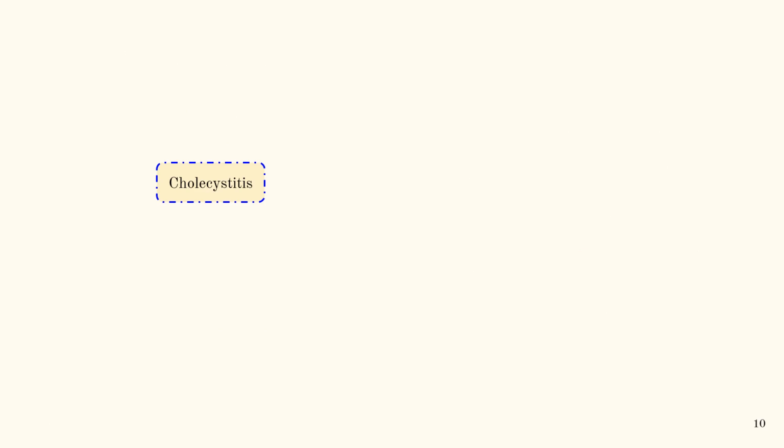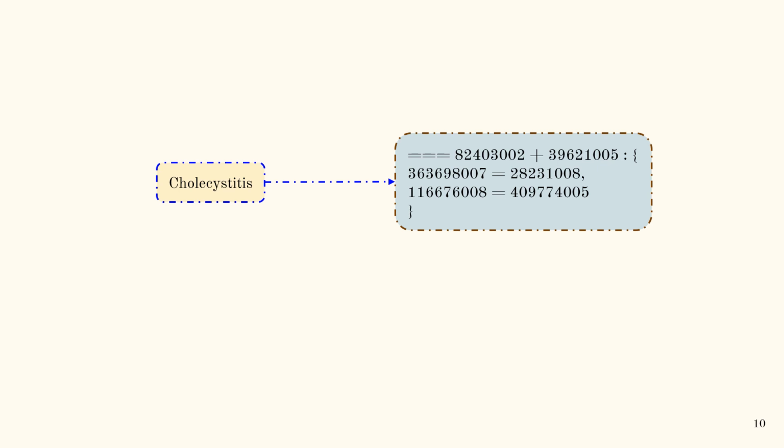So we have cholecystitis and we have come to this particular set of numbers. Now, how do we get from cholecystitis to this set of numbers? I mean, it's not been conjured out of thin air. There is a well-defined process for this.